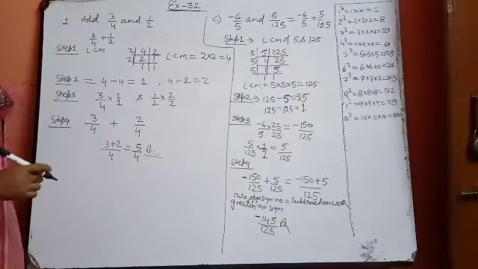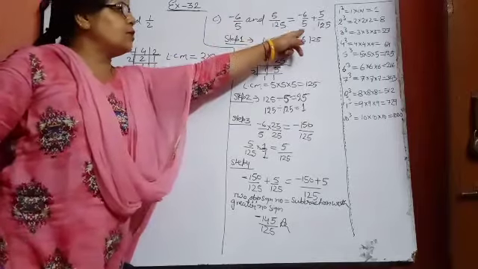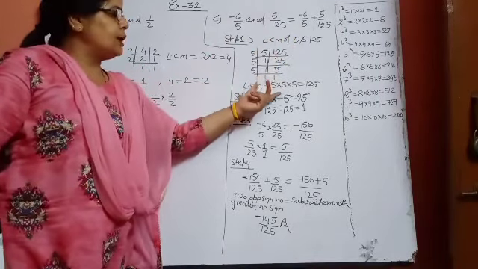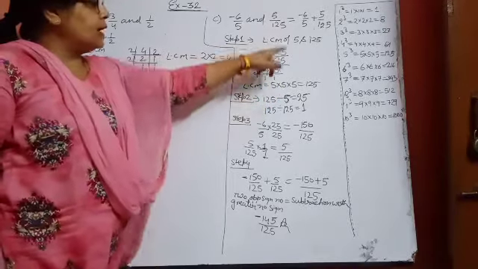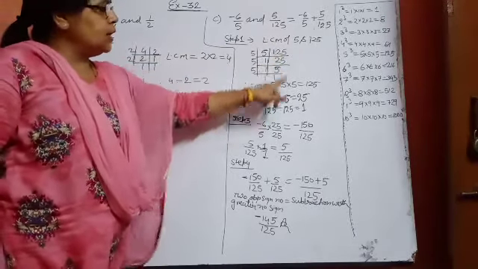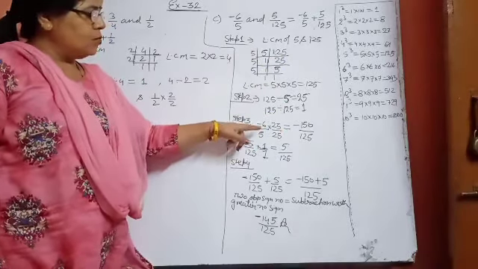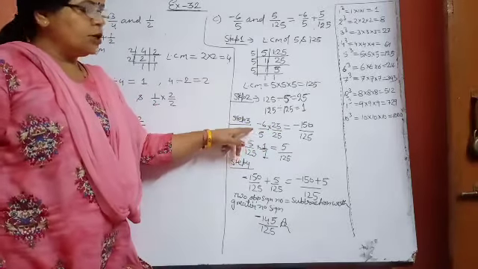Again I am repeating. First of all you have to add them, so we have written in addition form. Then we have taken the LCM of the denominators. Whatever the LCM is, you divide that LCM by each denominator, and by the quotient you multiply your given rational numbers.